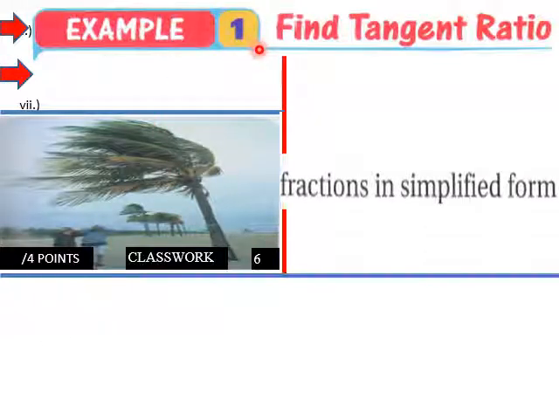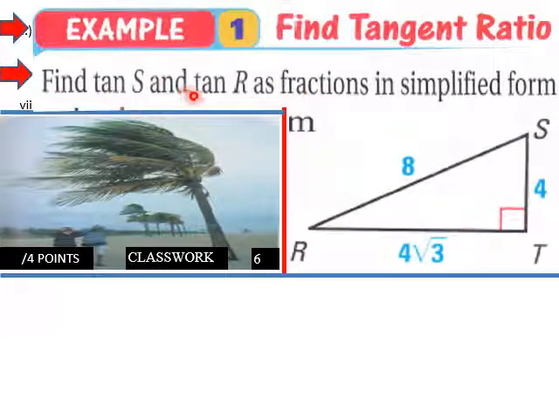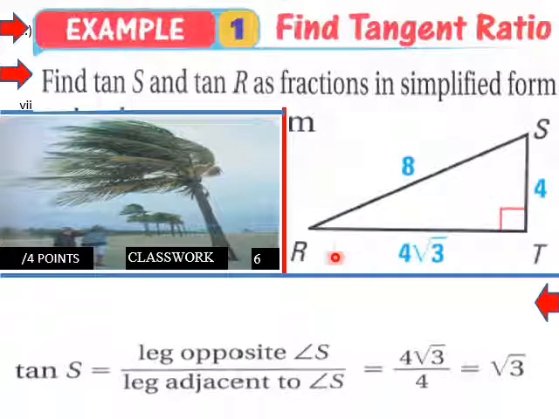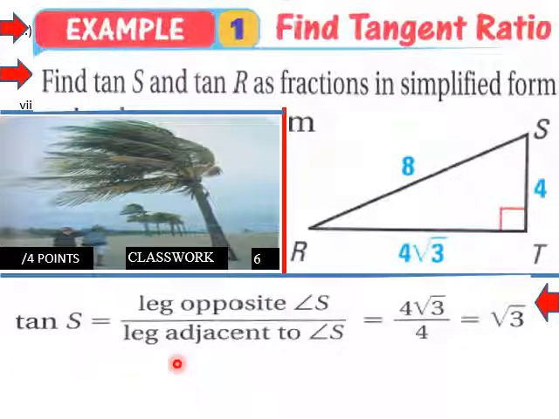Okay, example 1, find a tangent ratio. Find tan S and tan R as fractions in simplified form. So to find those, tan S will be the leg opposite angle S over the leg adjacent to S, so it'll be 4 times square root of 3 over 4, which would be square root of 3.